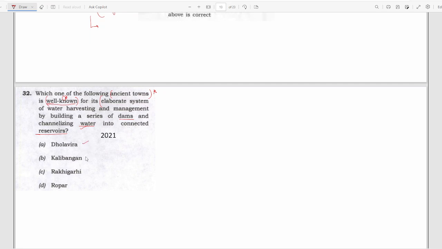The options were Dholavira, Kalibangan, Rakhigarhi, and Ropar. So these were the 4 places that they asked, and our job is to read about this, make notes out of this, and if there is anything special about these places, write it down in your notes. That way you will be able to answer questions like this.